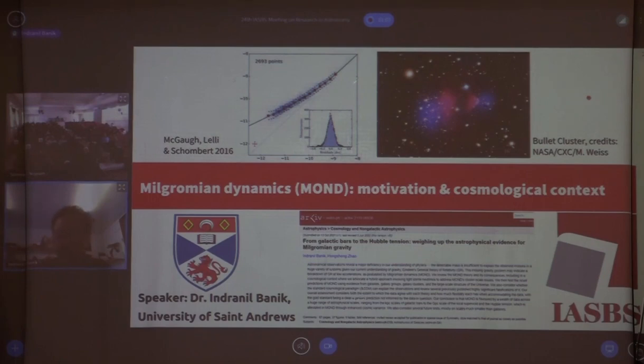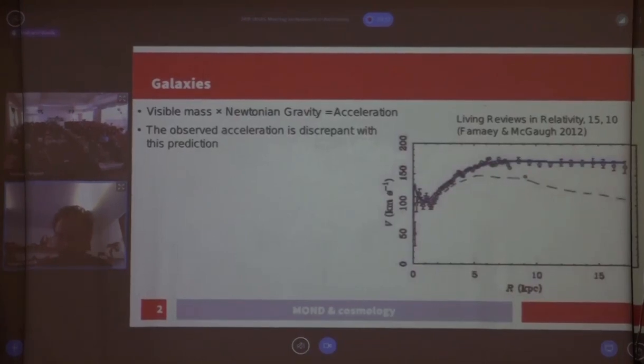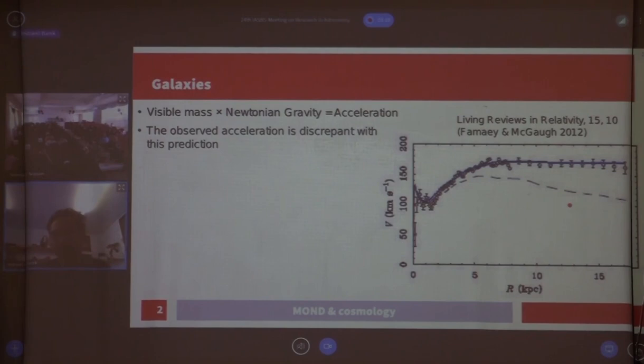So the first thing to understand is that if we look at the rotation speeds of galaxies as a function of distance from their center, so the rotation curve, that sort of looks like this Keplerian sort of decline.